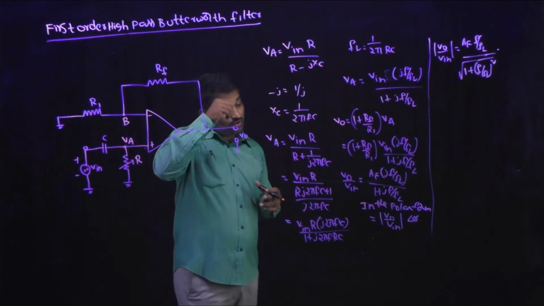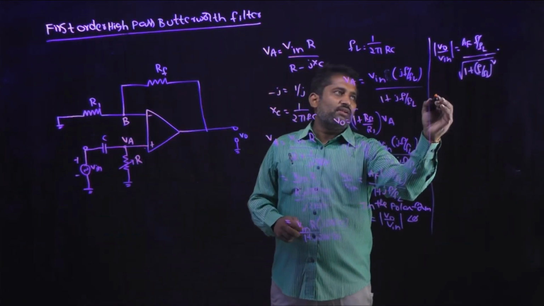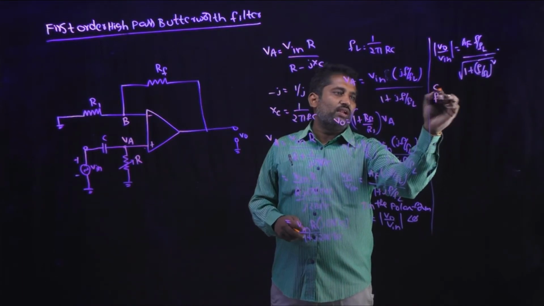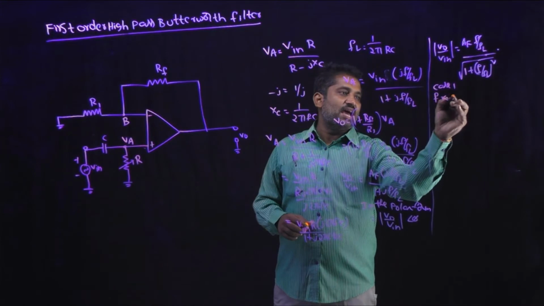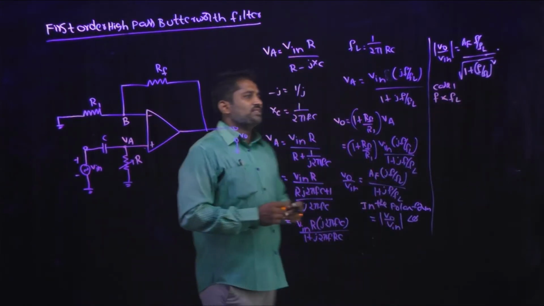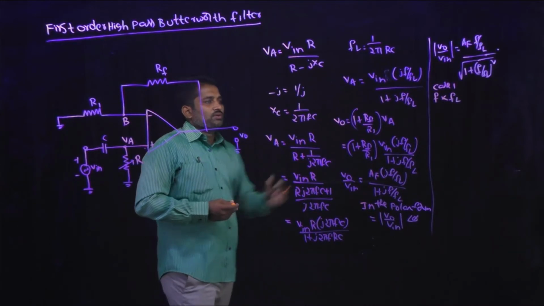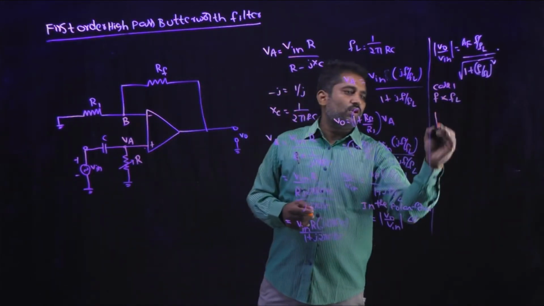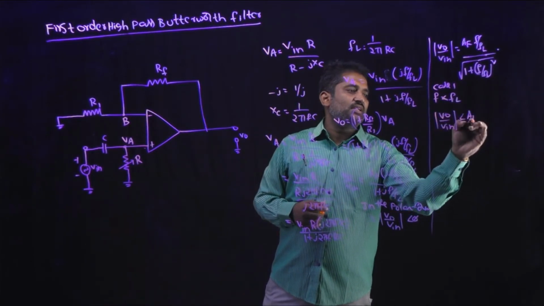So first see this one. Case 1: what happens when F is less than FL? When F is less than FL, we get modulus of V0 by Vin is less than AF.